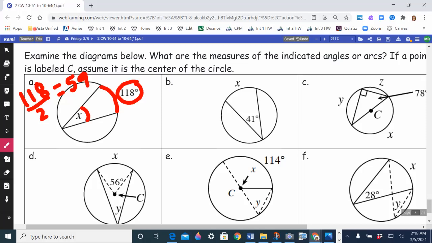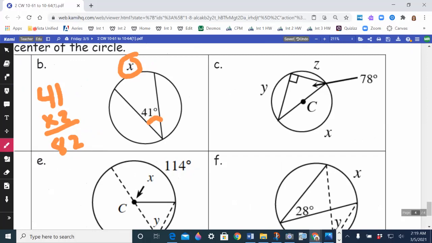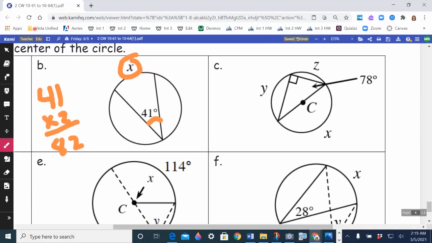Now on letter B, I have this inscribed angle. This angle is 41. So I'm going to take that 41 and double it, which is 82. And that's what my arc measure is going to be. On C, I know that this is 78.